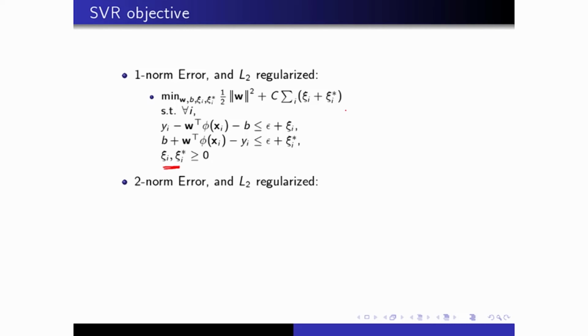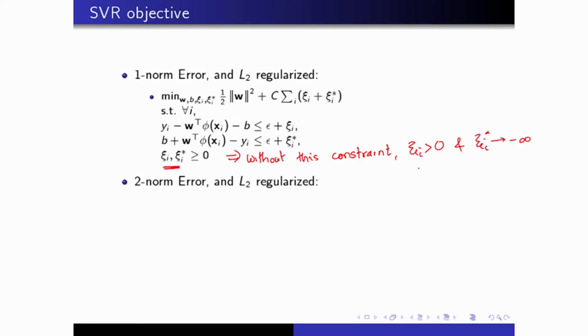You can convince yourself that if xi is positive, you might as well have a negative value of xi star in the absence of such a constraint. So the point to note is, without this positivity constraint on xi and xi star, it is possible that xi is greater than 0 and xi star happily tends to a large negative value.